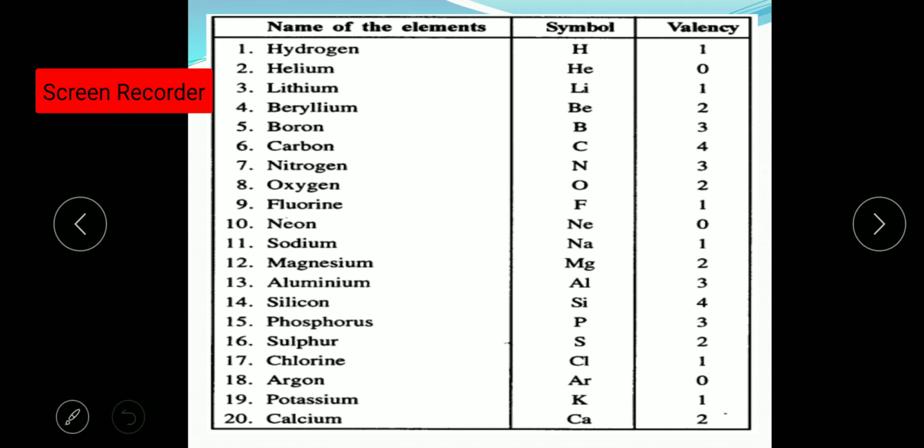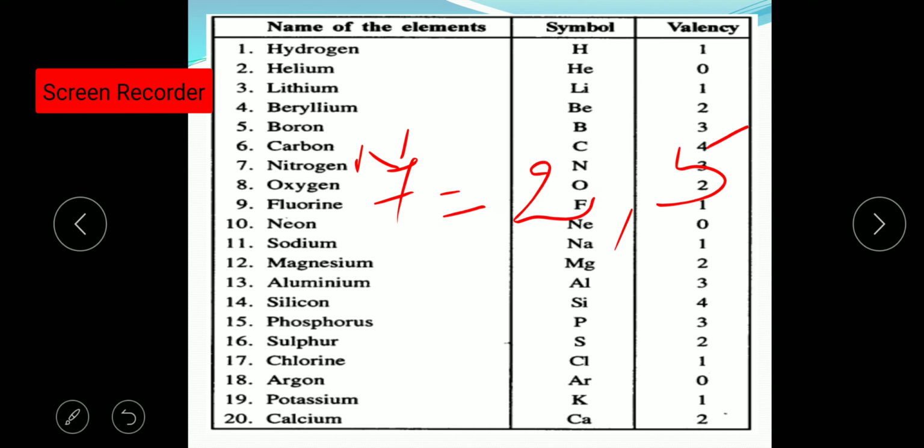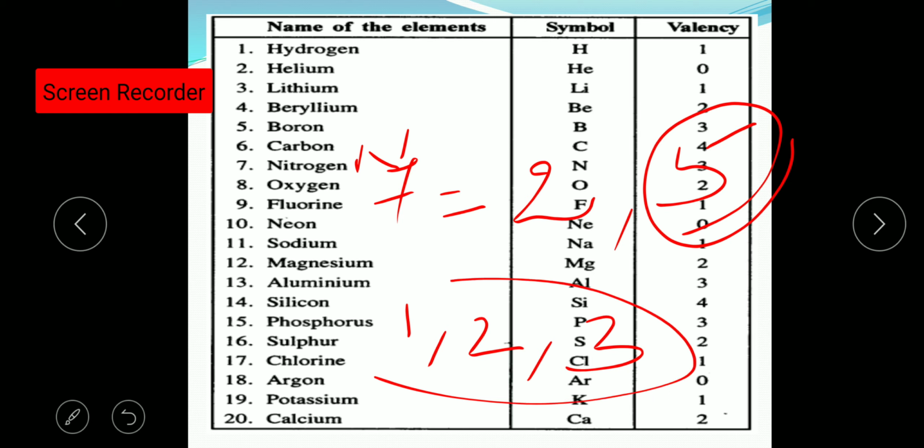Then nitrogen's atomic number is 7. When nitrogen's atomic number is 7, it will have 7 electrons. In the first shell 2 electrons and in the second shell 5 electrons. So in that situation, it will not give 5 electrons. In the previous classes also I have said that if the outermost shell has 1, 2 or 3 electrons, it will give the electrons. But when it has 5 or 6 or 7 electrons, they will take electrons.